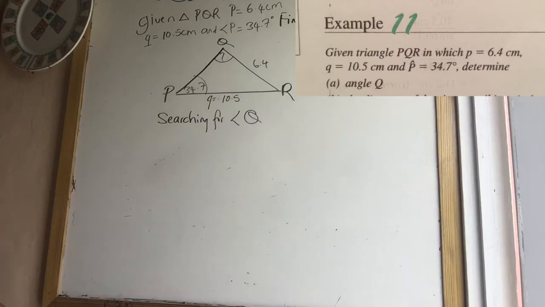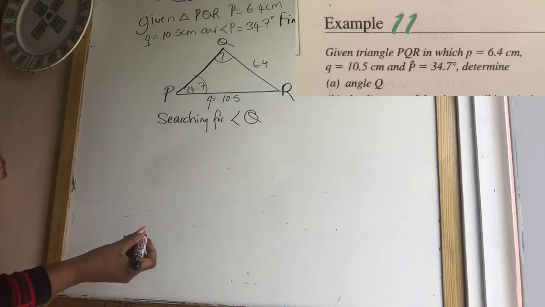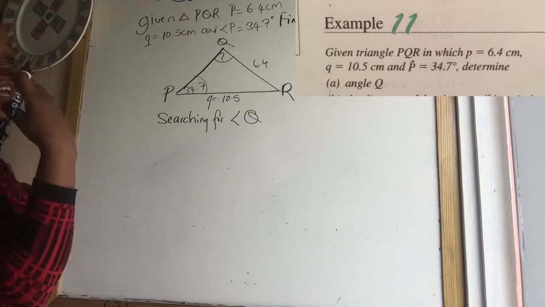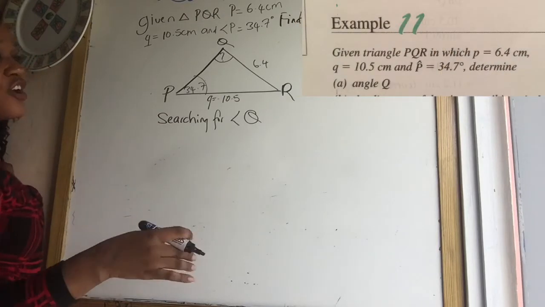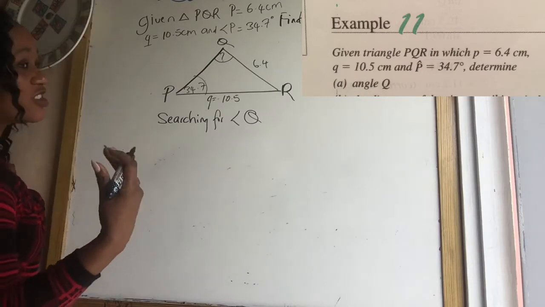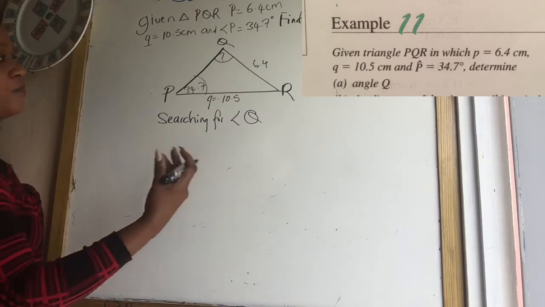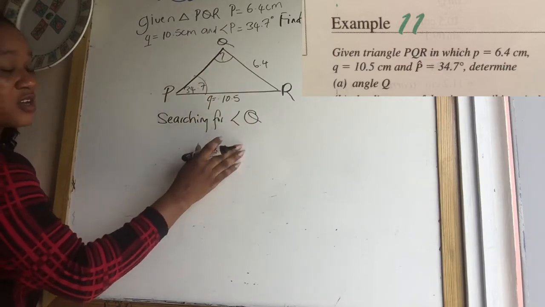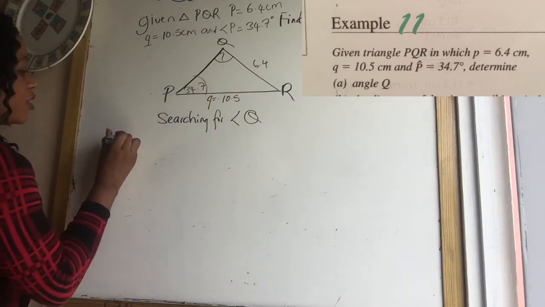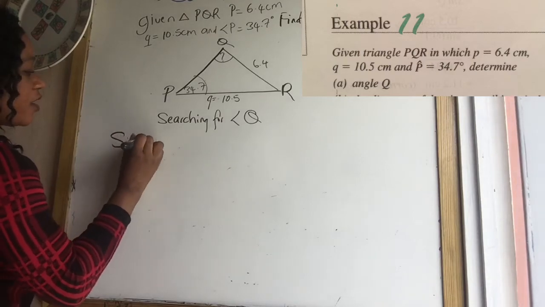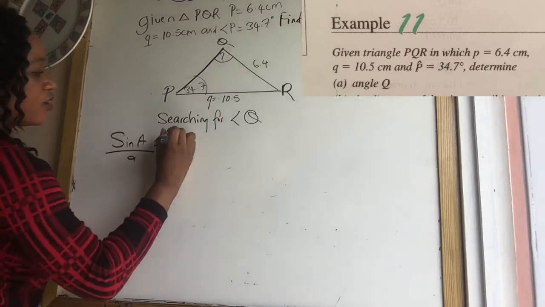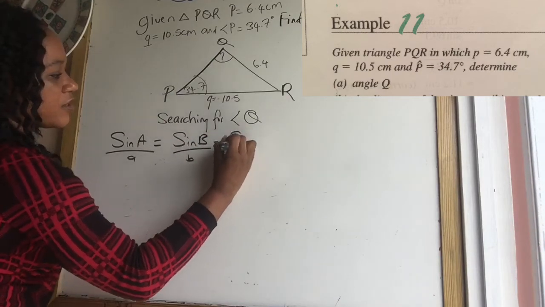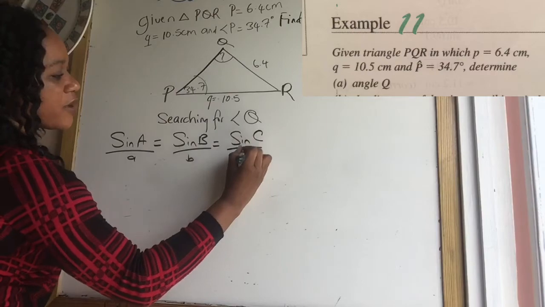Now, draw on our sine rule. You can use either form, whether you want to say a divided by sine A or sine A divided by a. It doesn't matter, but I like to put the angle at the top whenever I'm trying to find the angle. So we know that it is sine A divided by a, sine B divided by b, sine C divided by c.